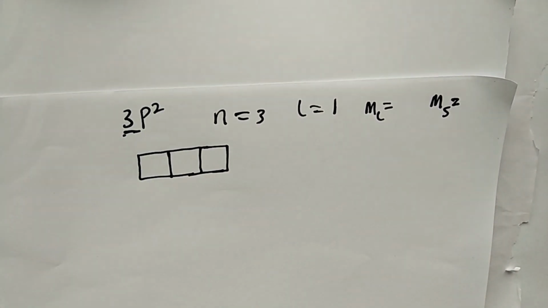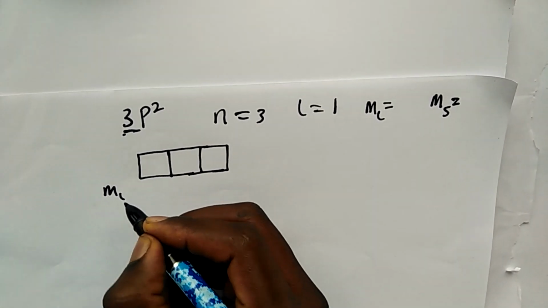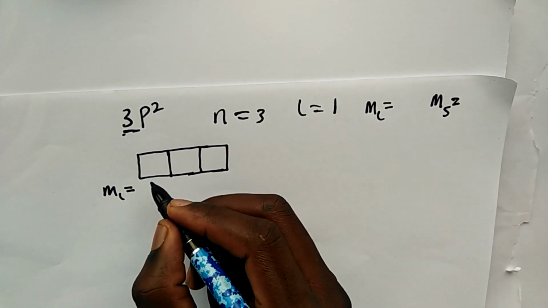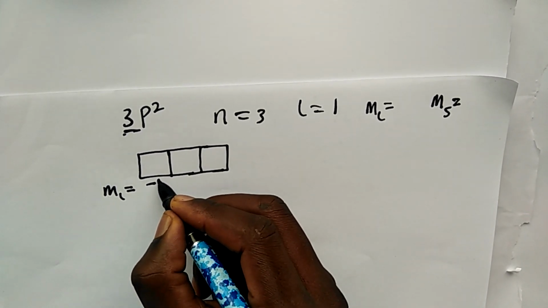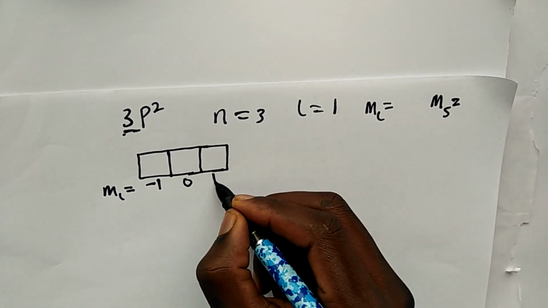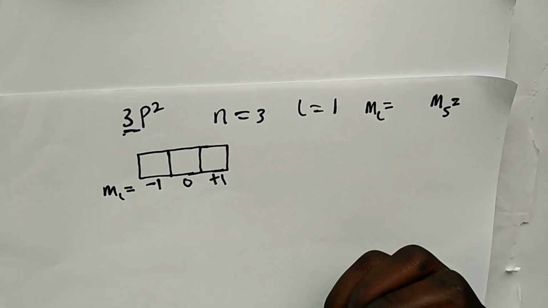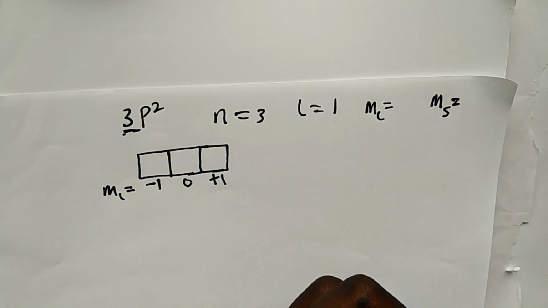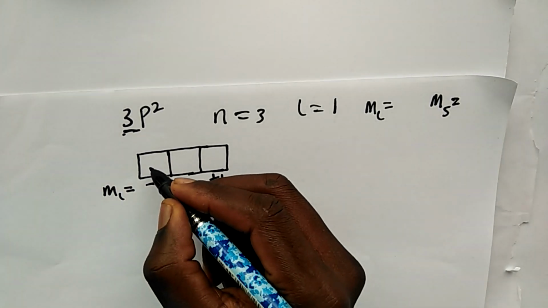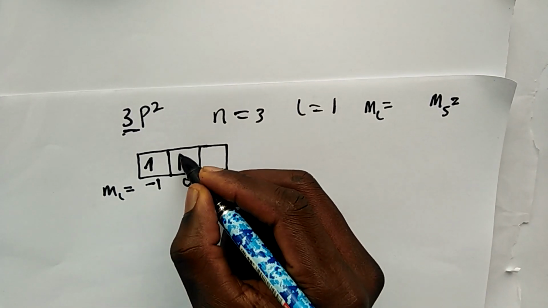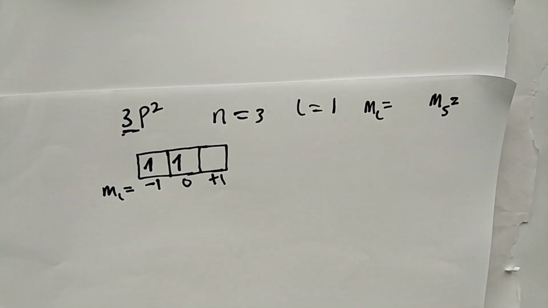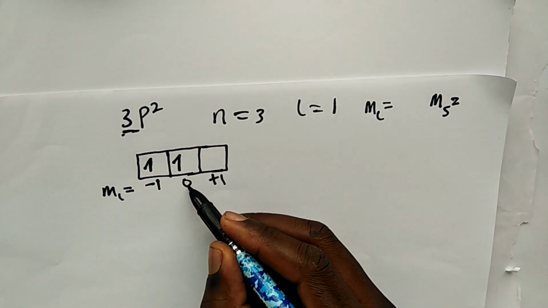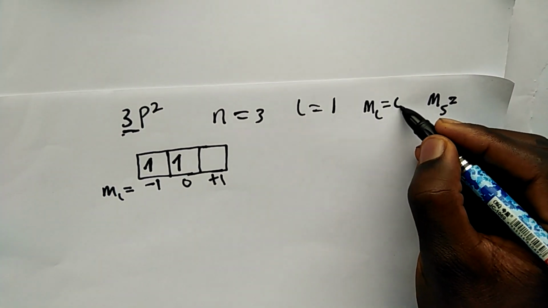Now ml, L is 1, so it's going to be minus 1, 0, plus 1. We have 2 electrons because it's 3p2. Remember Hund's rule said that you put singly before pairing, so you put the first electron, then you put the second electron. The second electron falls at 0, so ml is equals to 0.